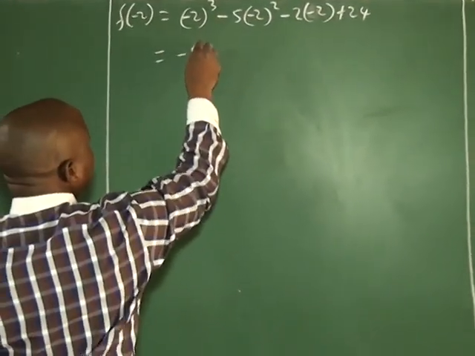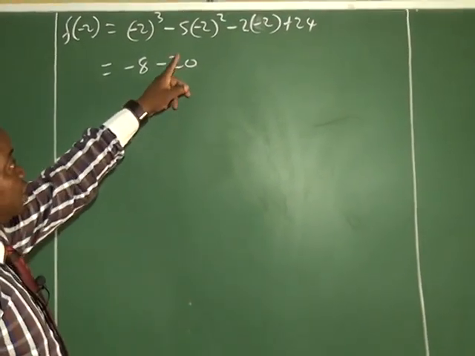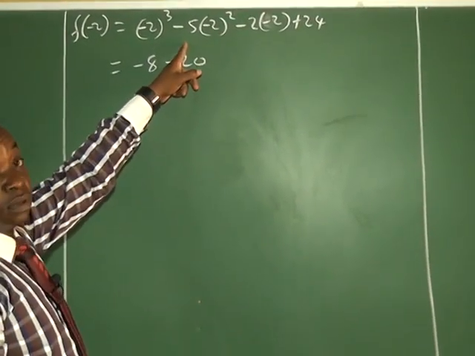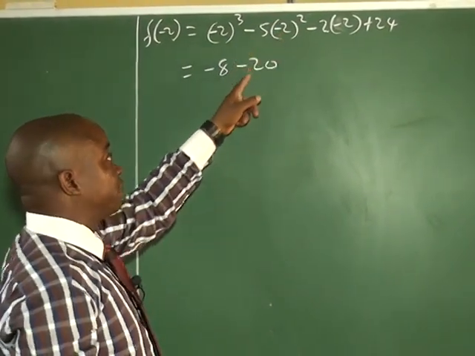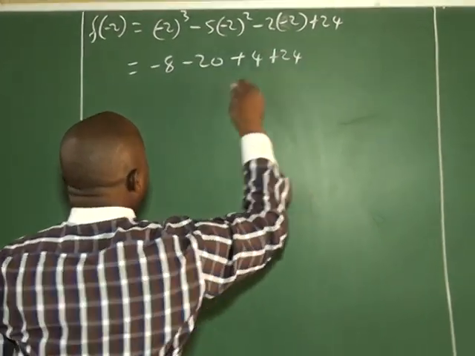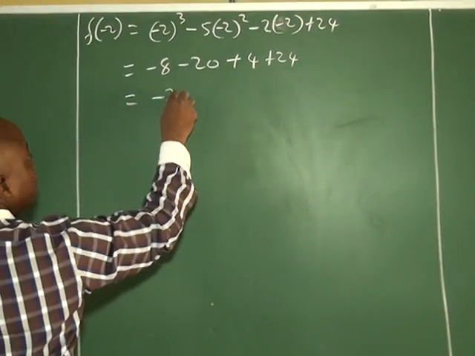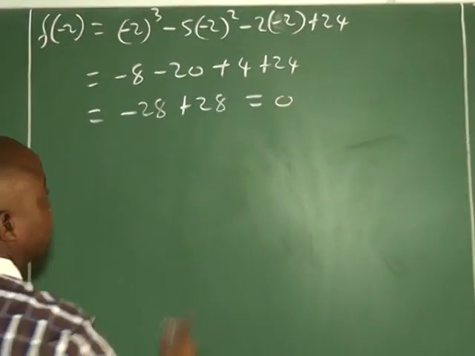So here gives us minus 8 minus 20, because minus 2 square is 4 times minus 5 is minus 20. Plus 4 plus 24. And here we have minus 28 plus 28, and that is equal 0.